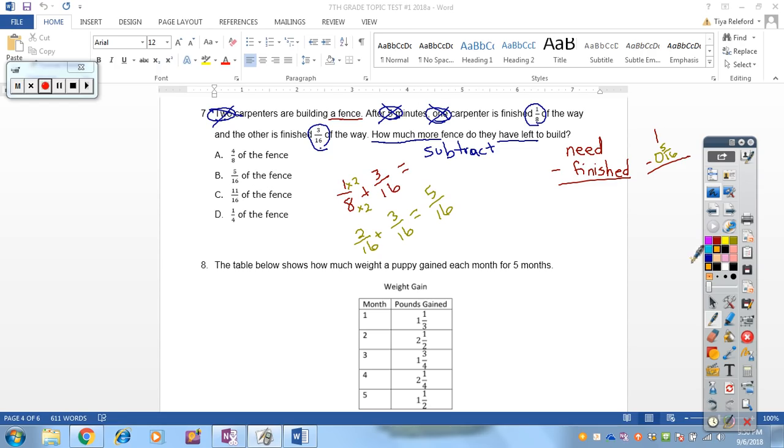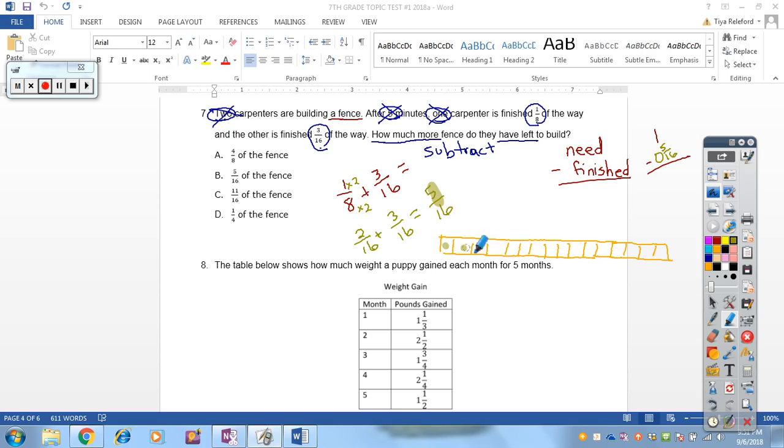If your brain is getting upset, I want you to think of this. They have this fence, right? And they have 16 pieces of it. All right, 16 pieces of it. Yes, you have to draw the picture if you want credit. 5/16 is finished.